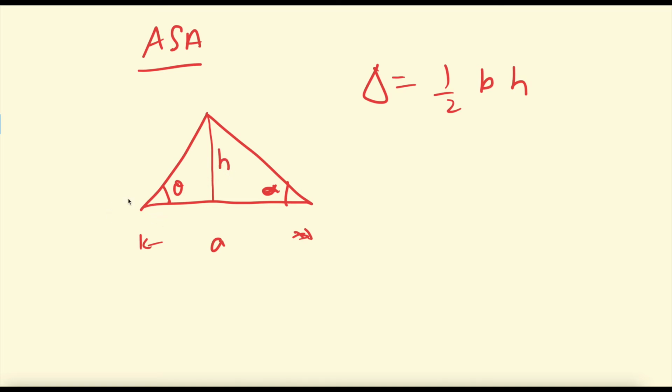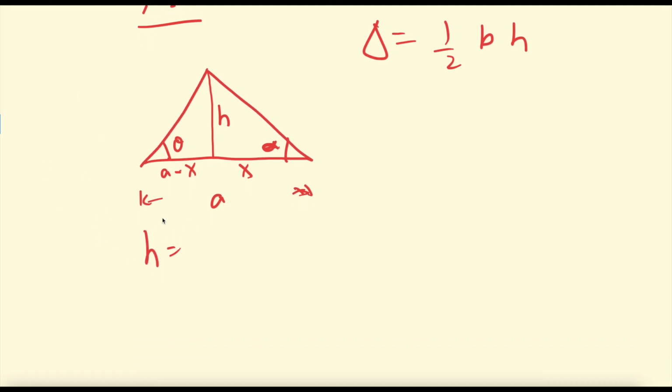Well, let's see. So we have this as a minus x, this as x, this side length, and we have h is equal to a minus x tan theta, and h is equal to x tan alpha. That we know because of basic tan properties.